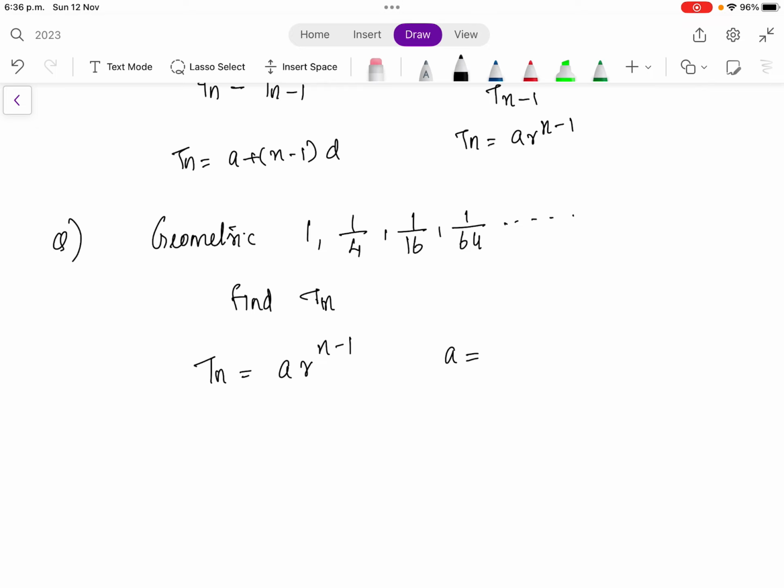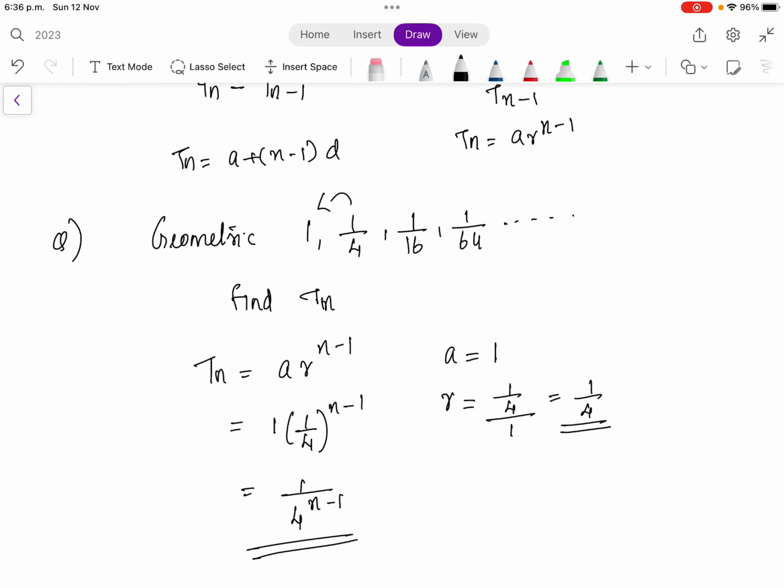In this case, a is equal to the first term, which is equal to 1. And how will you find r? r is t2 divided by t1, so that is 1 over 4 divided by 1, which is equal to 1 over 4. Any two terms, if you divide, you will get the value. So tn is equal to 1 times 1 over 4 to the power of n minus 1. You can simplify this as 1 over 4 to the power of n minus 1.